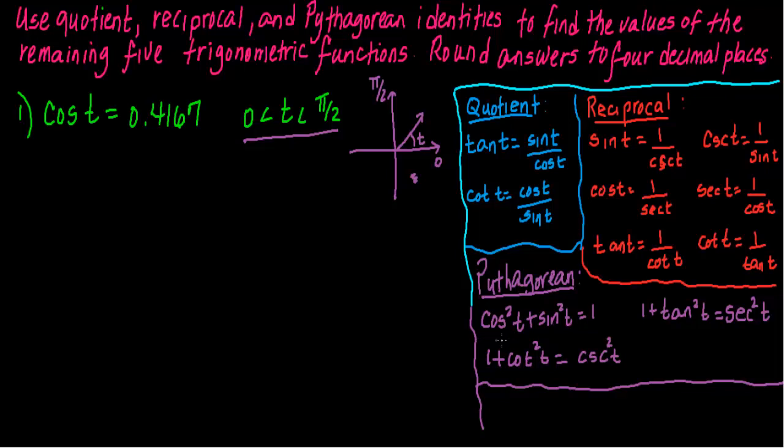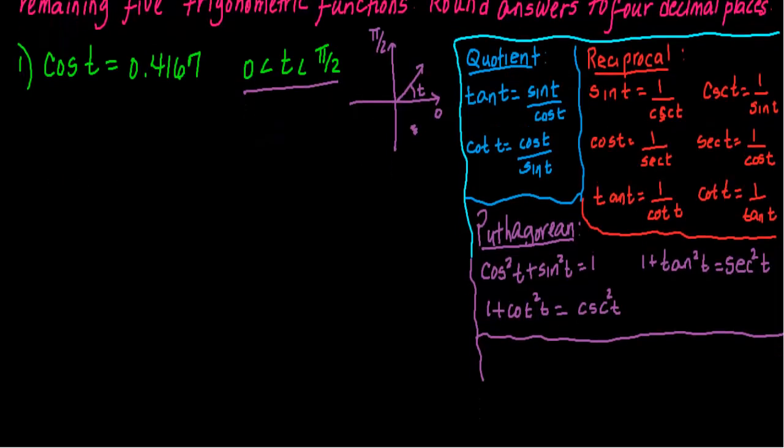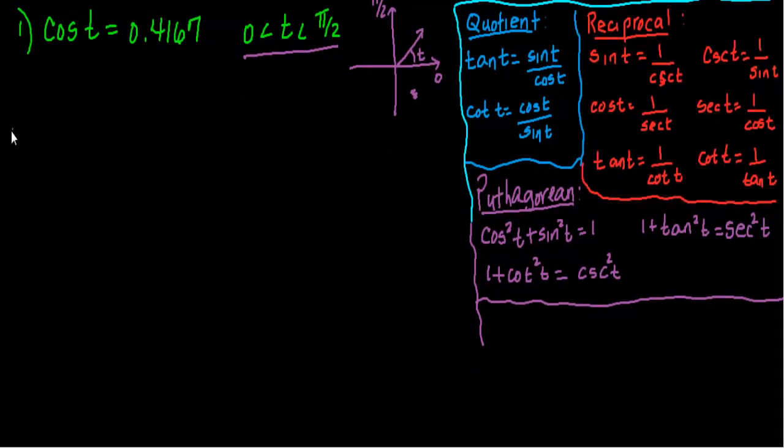So here I have found 2 identities that I can use right away. With this one I can find secant, and with this one I can find sine. So I'm going to find secant first just because, okay? So let's go ahead and move this down a little bit. And let's find secant.